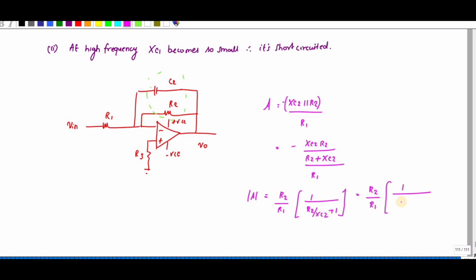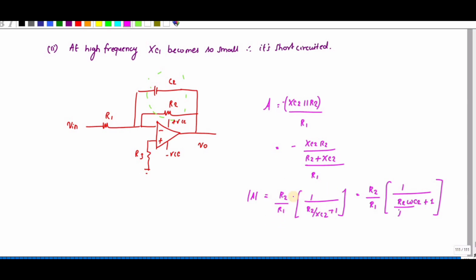XC2 is nothing but R2 divided by j omega C2 plus 1. So if I want to cancel this one, I need to get A equal to R2 by R1.